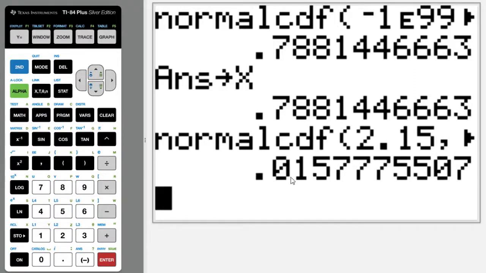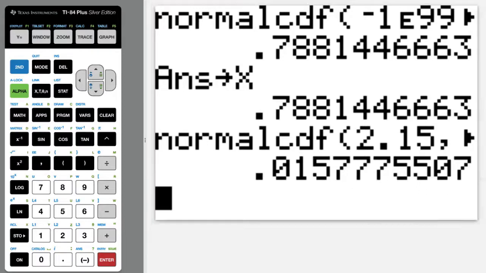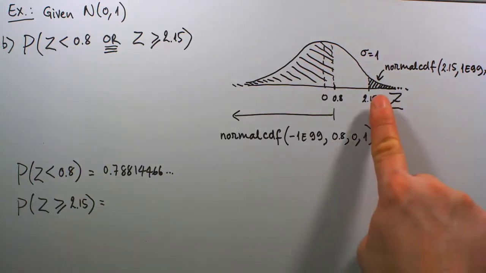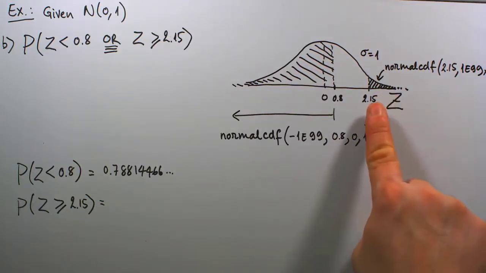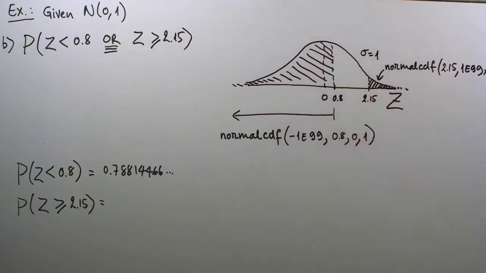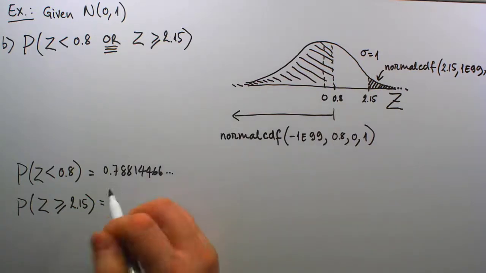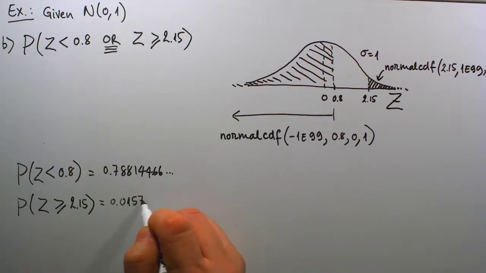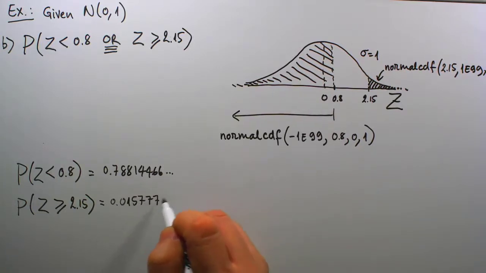So now 0.015777 and a lot longer is going to be the answer to this area shaded to the right hand side of 2.15. And so that is 0.015777 5 and a lot longer.